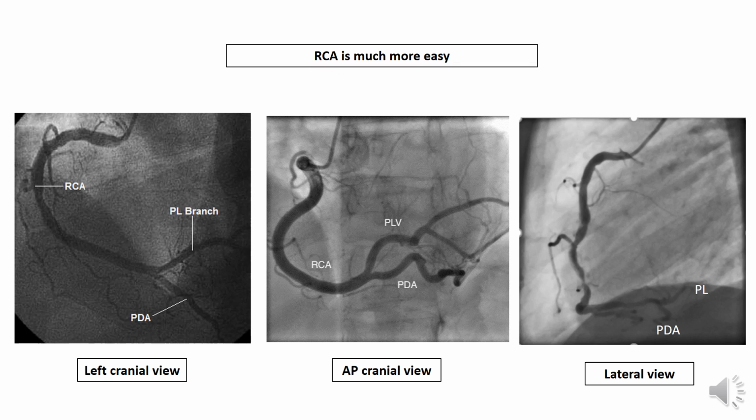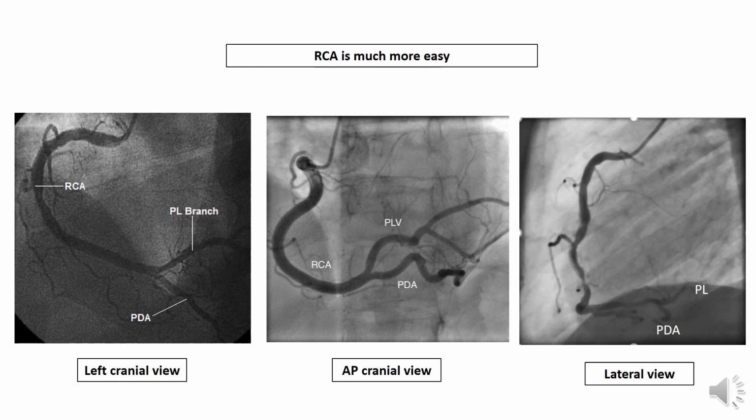The second view is the epicranial view. We are looking anteroposteriorly. So as we see here, the vertebral column is seen in the middle of the view, and this view actually straightens the distal segment of the RCA and its terminal branches, posterolateral and PDA branches.